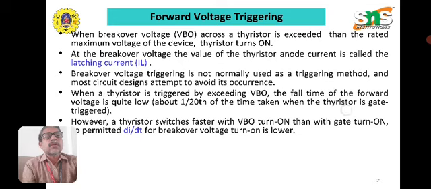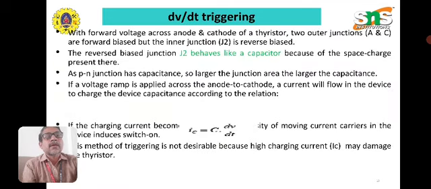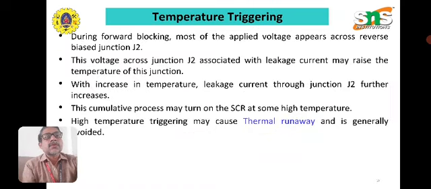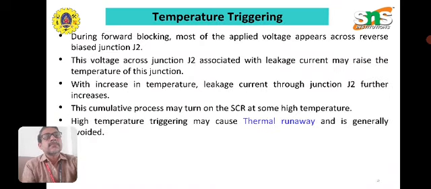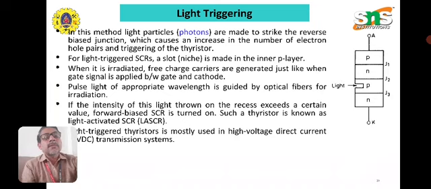See here the forward voltage triggering and the dV by dt triggering, for which we need a capacitor and a small electronic circuit. Temperature triggering operates on a thermal runaway process, and in light triggering, small photons are applied. See here the circuit is given in order to reduce the J2 junction. All the methods to turn on the SCR work by reducing the junction J2.